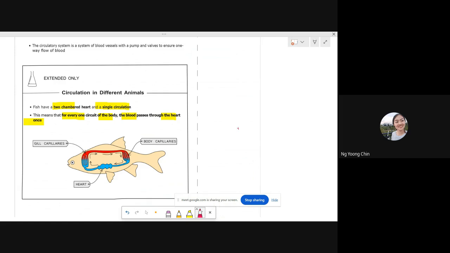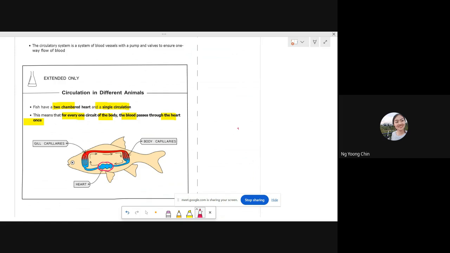You can see, this is the heart of the fish. Whenever they want to transport the blood, they transport it in the form of gill capillaries.